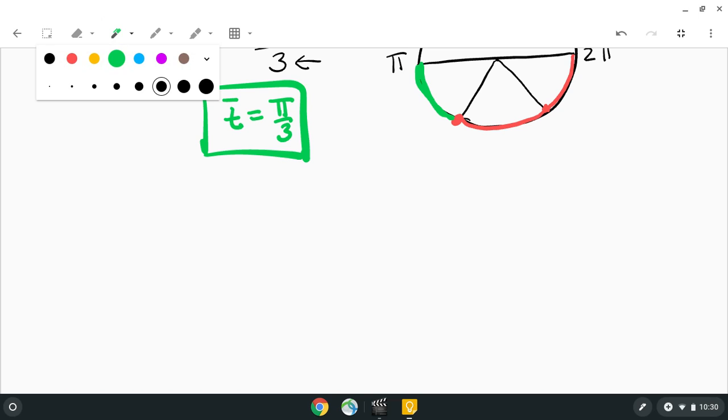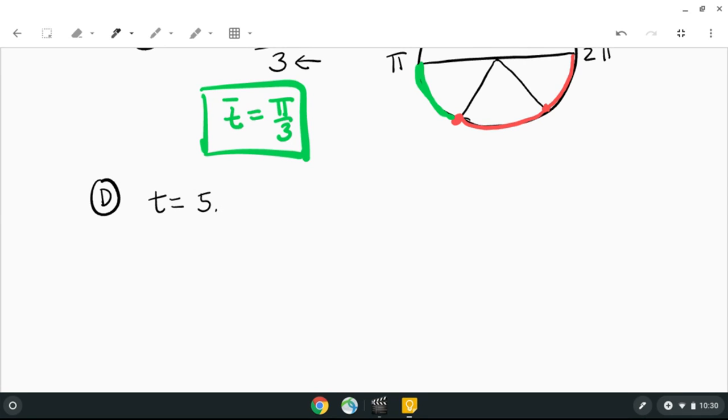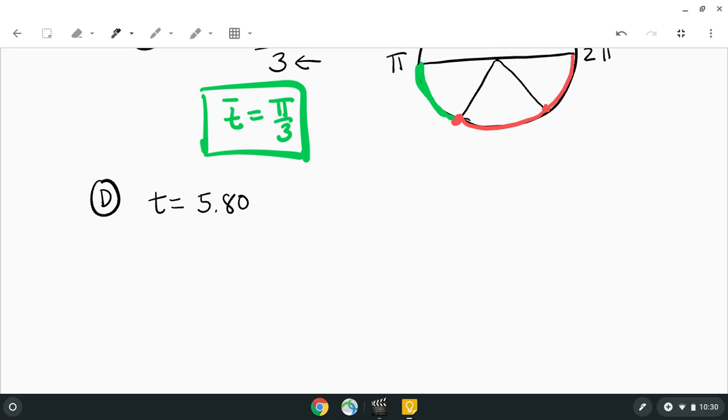All right, let's do another one. Okay, so let's suppose that t is 5.80. Okay, so that's a weird number. How are we going to slice up our pi?